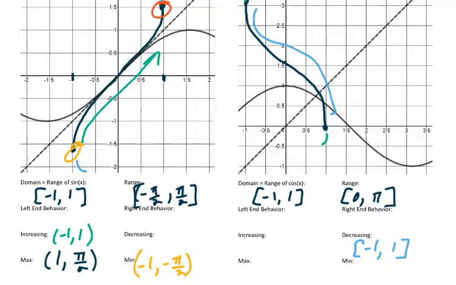There is a max. The max would be at (-1, pi). These, by the way, are coordinates, not intervals. Coordinates, coordinates, coordinates. And the min is going to be at (1, 0). Which makes sense, because what's the cosine of 0? It's 1. Well, the inverse cosine of 1 should then be 0. Hey, there it is.